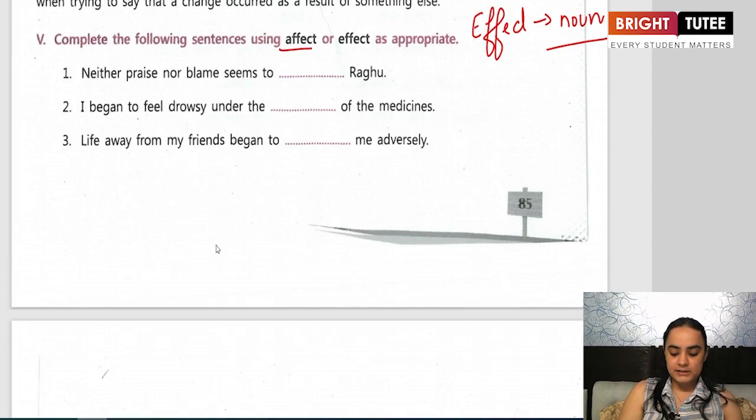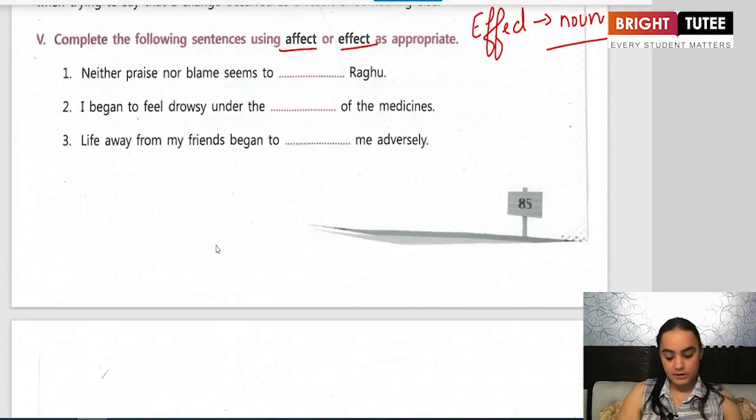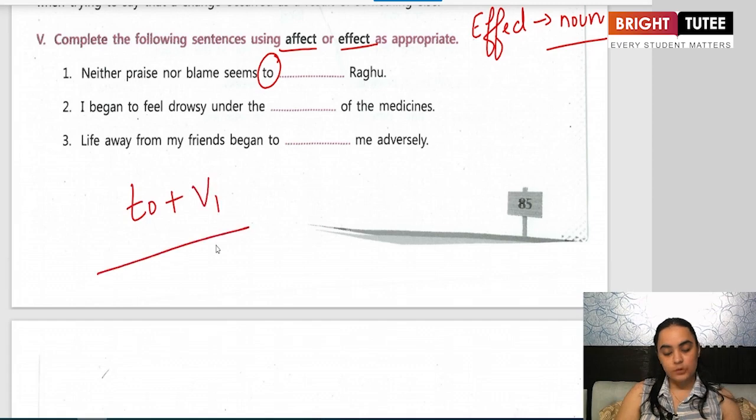Complete the following sentences using affect or effect. So, neither praise nor blame seems to dash Raghu. Now, always remember, if in a sentence you have to followed by a blank, with to, we always use the first form of the verb, and such verbs are known as infinitives.